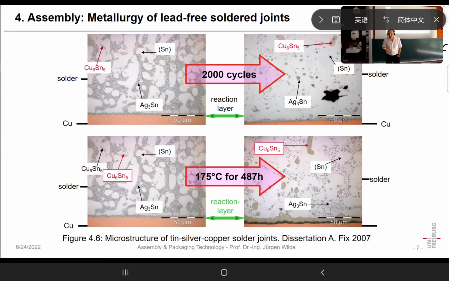One of the main reasons we also have a constant high temperature test is that when we do temperature cycling, we always have two phenomena. One is from the cycling itself, and the second is from the time it is at high temperature. And we want to distinguish that.